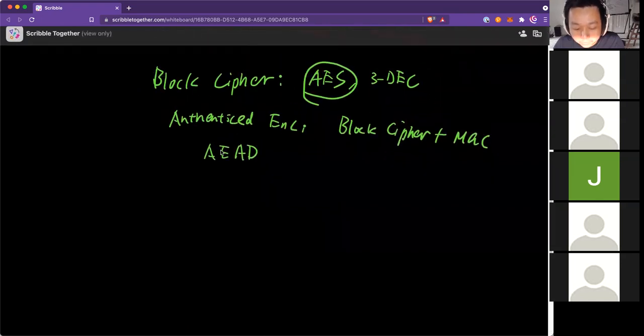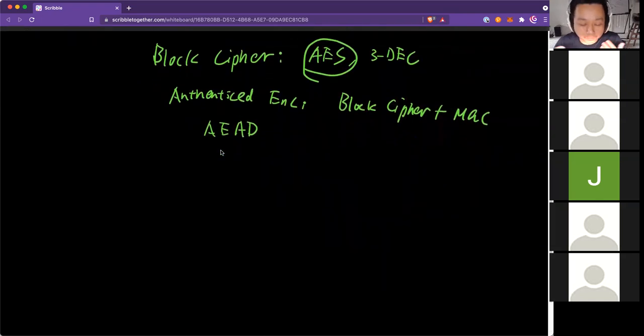Basically what we do here is, let's say I use a yellow color for Alice and a red color for Bob.